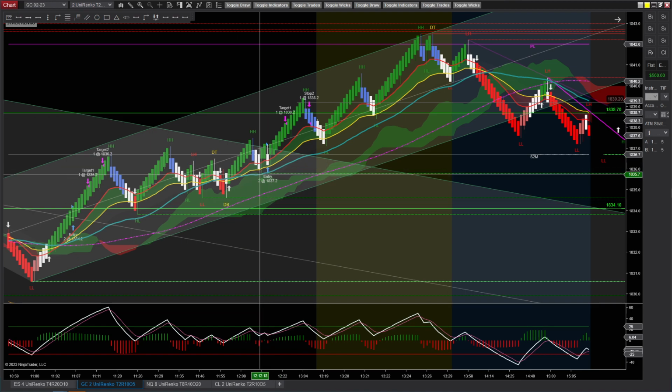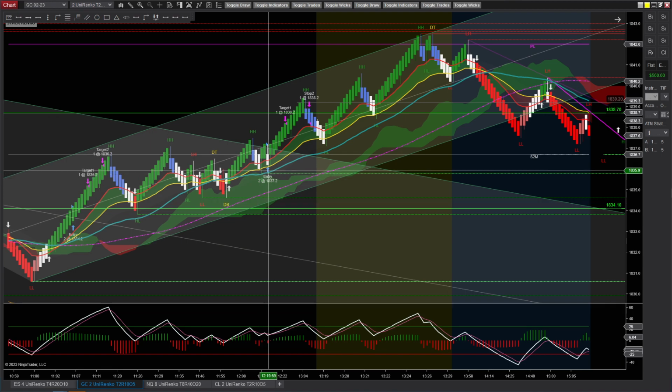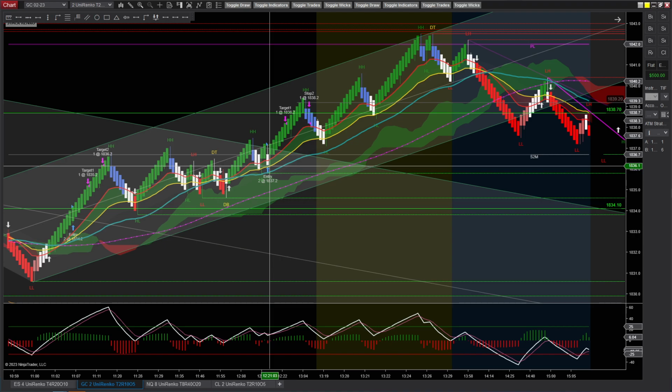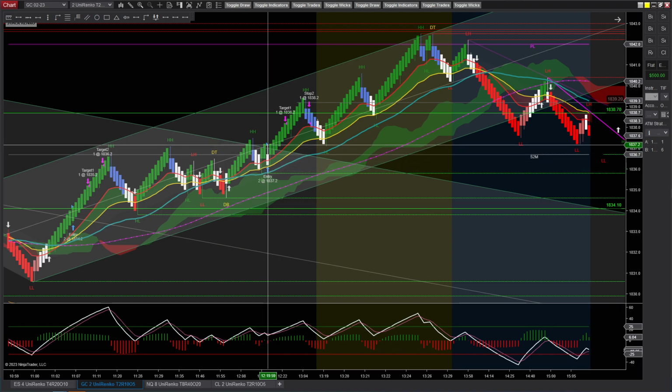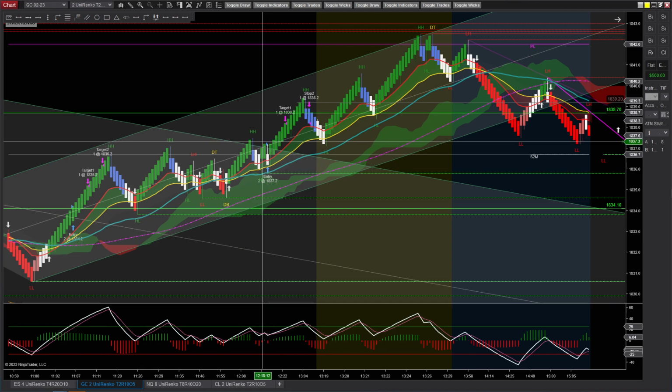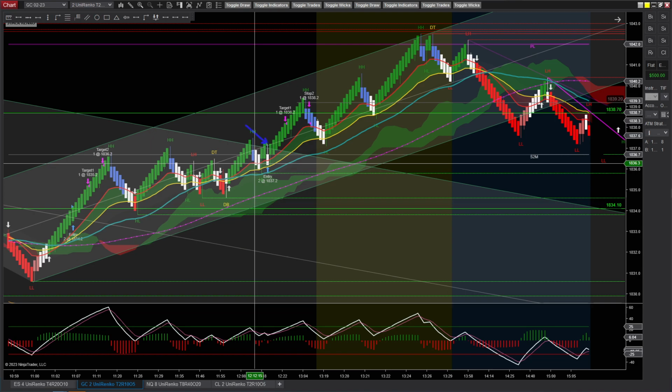First, it was a wick out of the cloud and the 50 SMA, but then gave us a wick of the 34 and broke out of this descending channel.